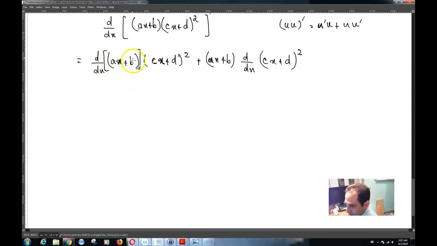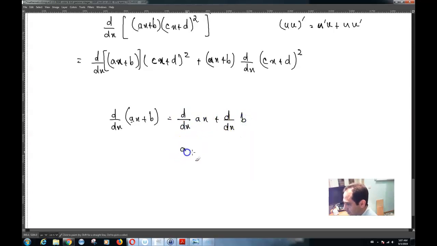Now the d by dx of ax plus b is just a, because this is just a constant. You can write it as d by dx of ax plus d by dx of b, which is equal to a plus 0, which is equal to a.